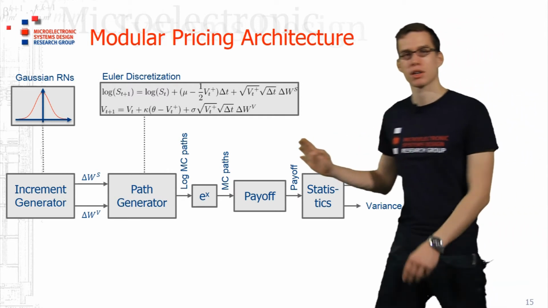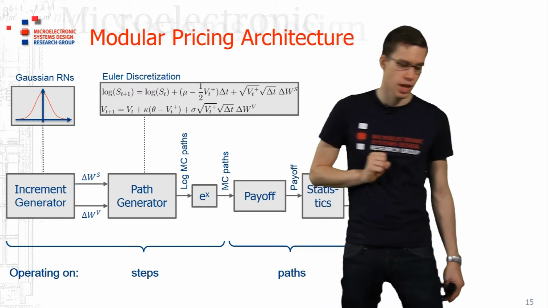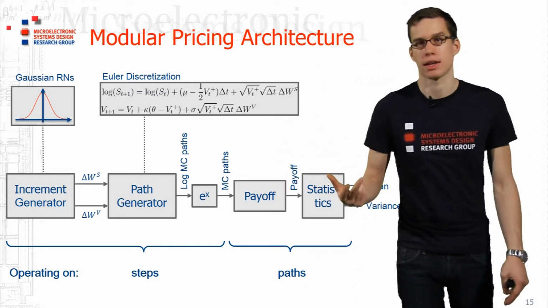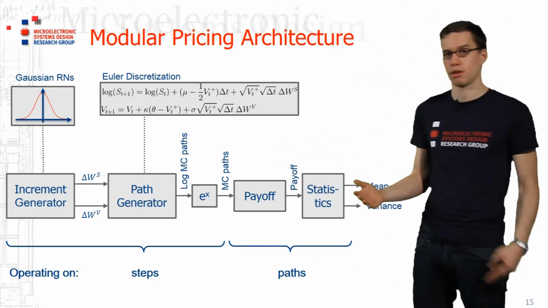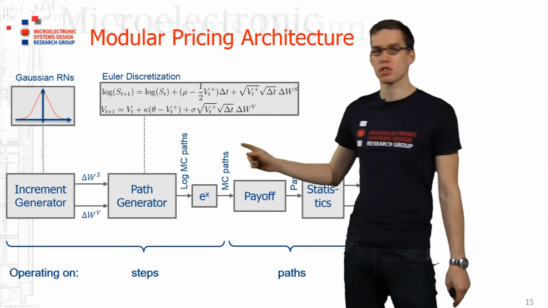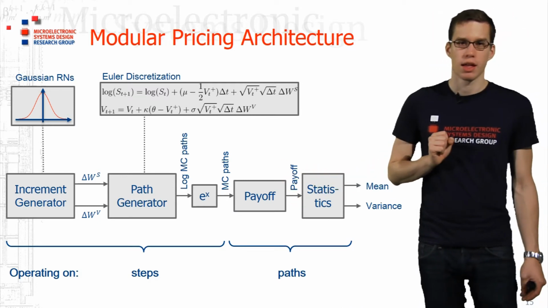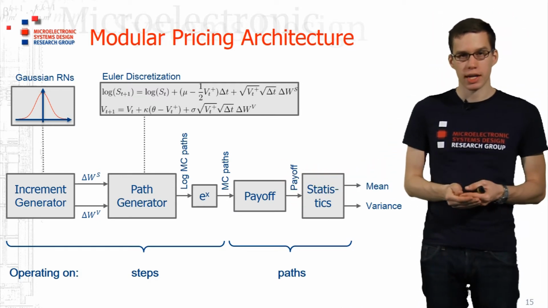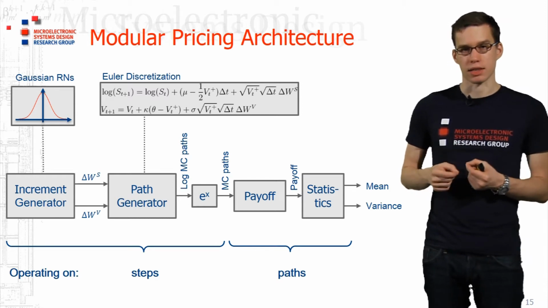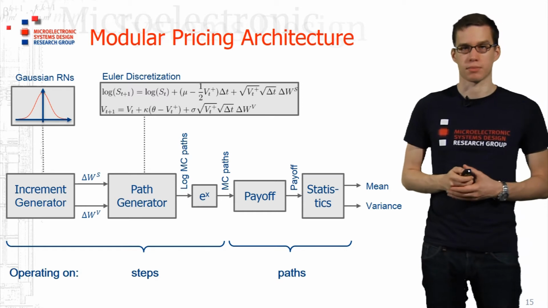The first blocks, as you see here, the increment generator, path generator, and also the exponential, all operate on steps of paths, one step after another. While the last two blocks, the payoff and the statistics, operate on paths. They take one path after another.